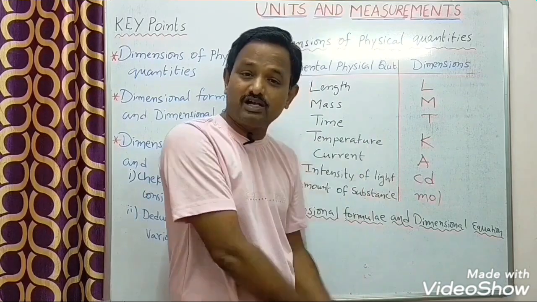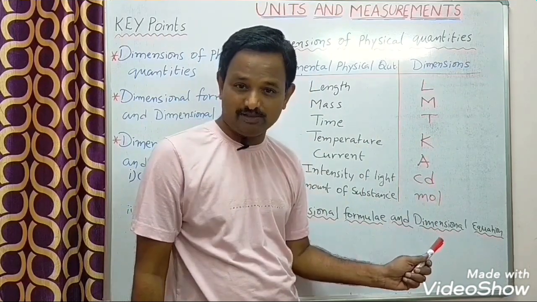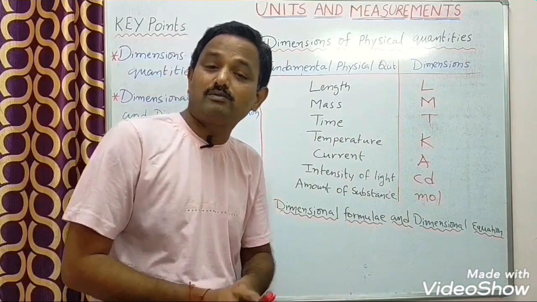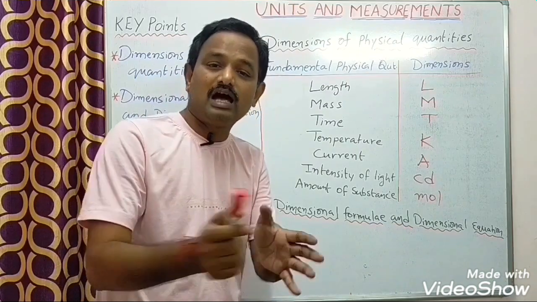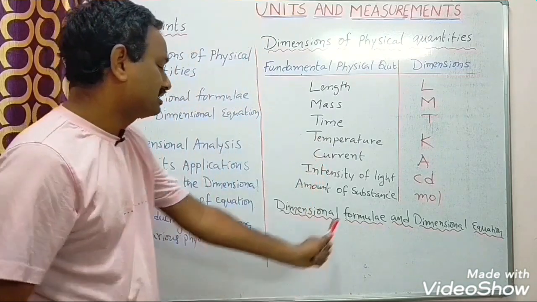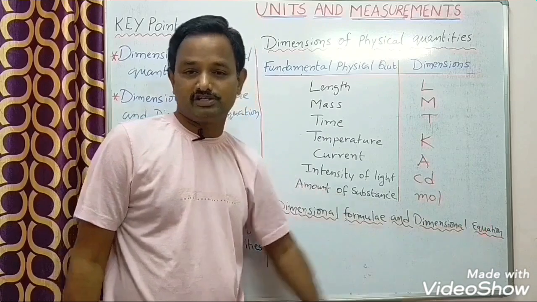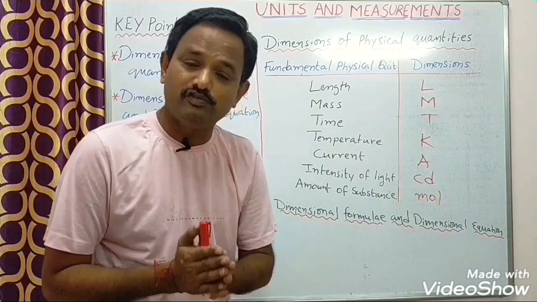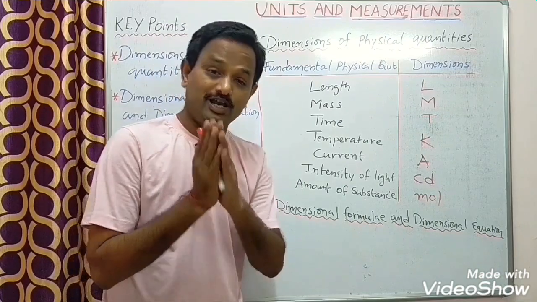See, by using these fundamental physical quantities dimensions, we can derive dimension formulas of other physical quantities. I will show you. Look at here, dimensional formula and dimensional equations. Suppose I want to find dimensional formula for velocity.